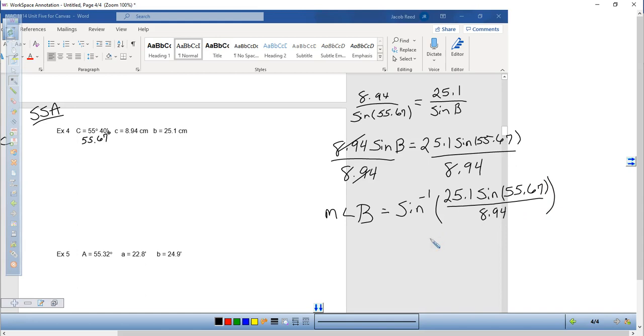Got 25.1 sine of 55.67 divided by 8.94. And when I type that in my calculator, this is what we get.